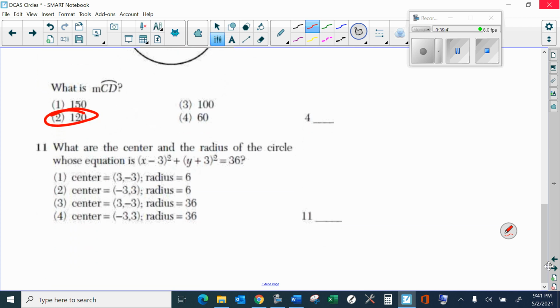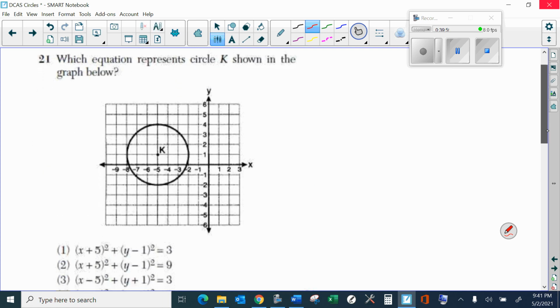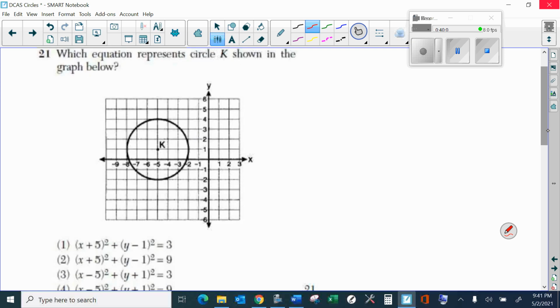Center and radius of the circle: opposite 3, -3, radius is 6. 3, -3, radius 6, right there, number 1. Okay, which one is this? So -5, 1 is the center. Radius is 1, 2, 3.